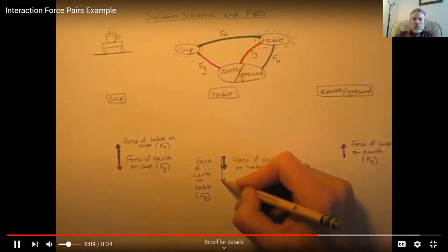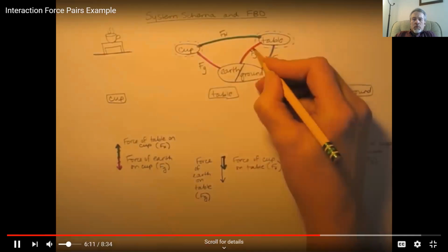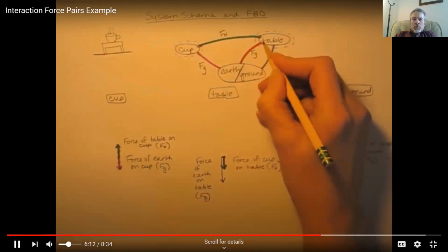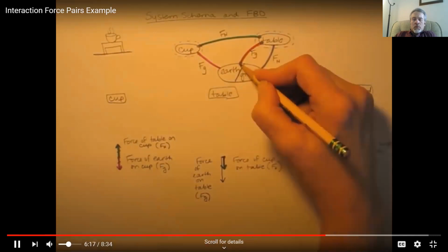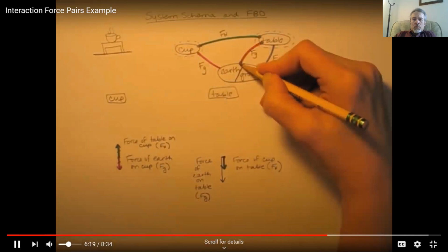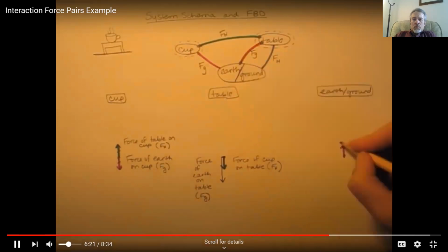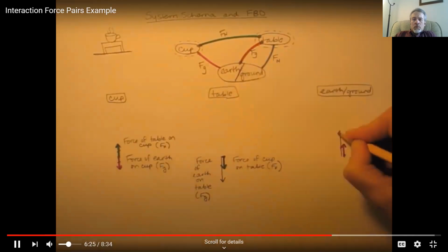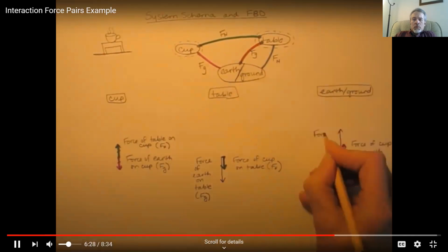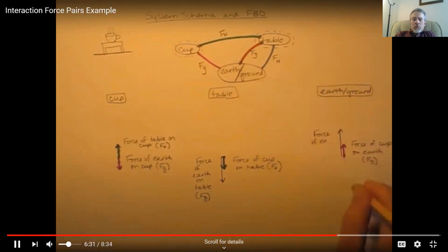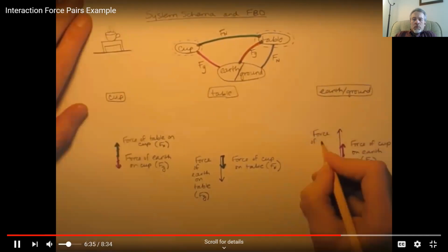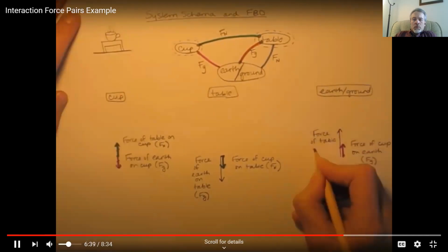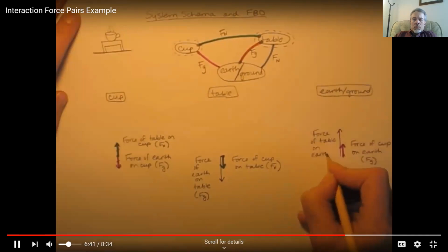And where is the other force that's part of this interaction force pair? Well, we've already drawn the force of gravity on the table, so there must be a force of gravity of the table on the Earth. The table's pulling upward on the Earth. So we have force of the table on the Earth, and that is a gravitational force.